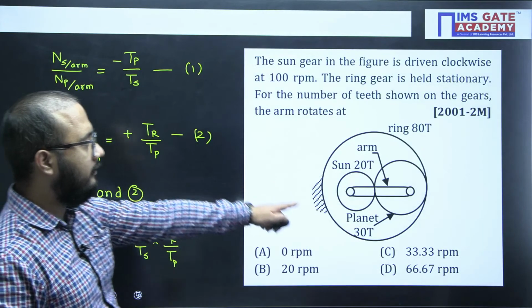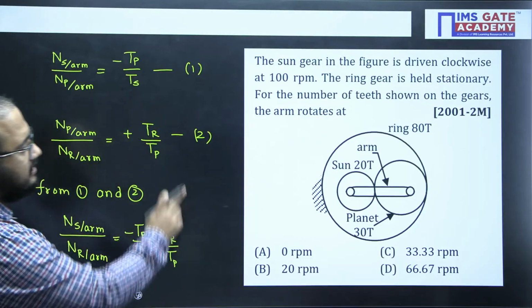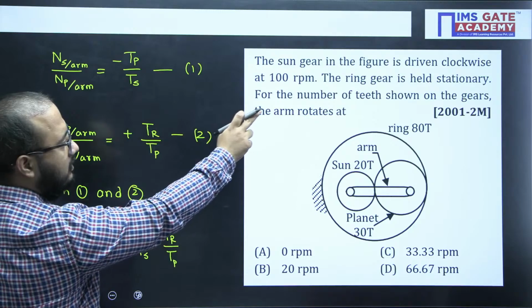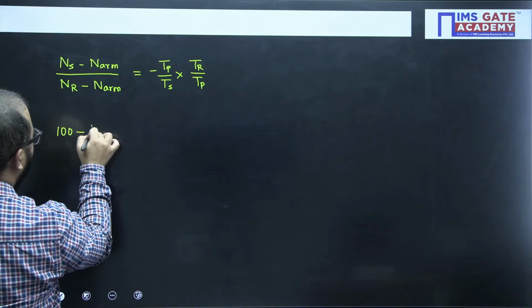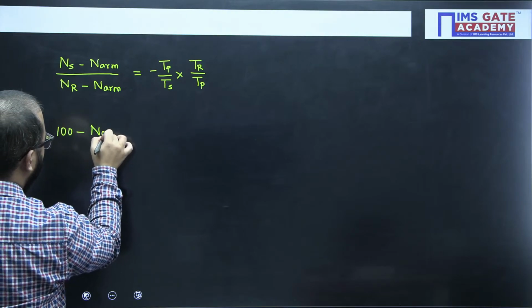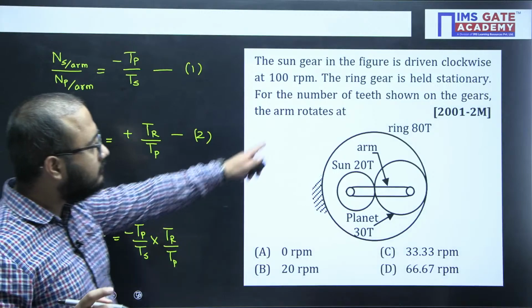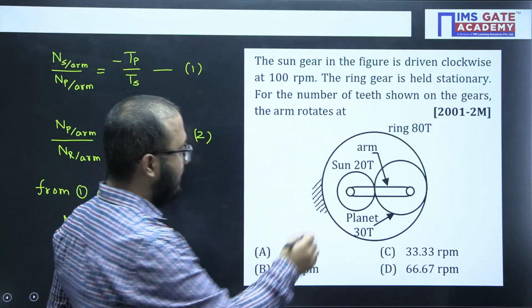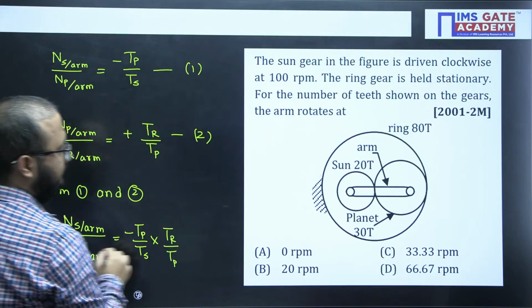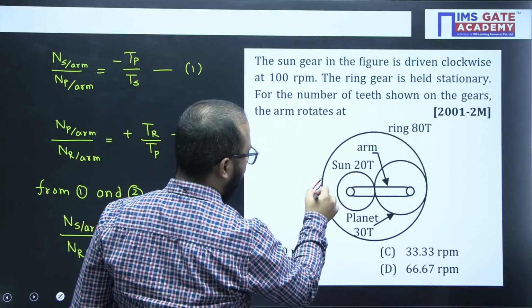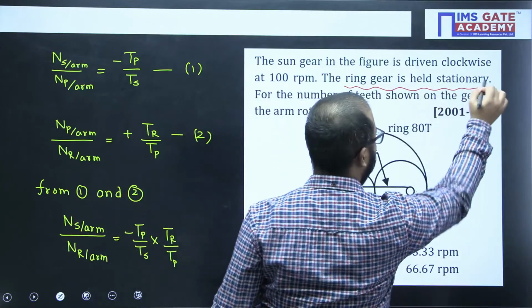And what about the values here? All the values they have mentioned here itself, so you can easily get the answer. Sun, they have mentioned 100 RPM driven clockwise. Now one more important thing, please carefully understand. These lines are representing what? That the ring gear is fixed. And it is already mentioned in the question also: ring gear is held stationary, which is fixed.